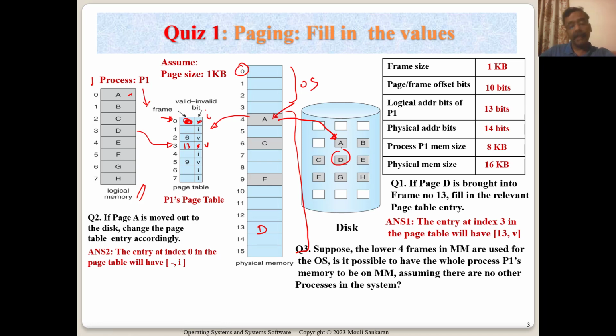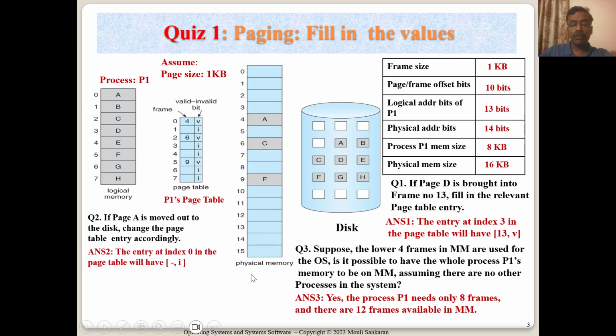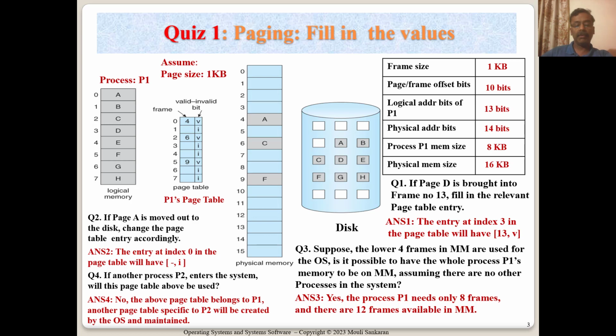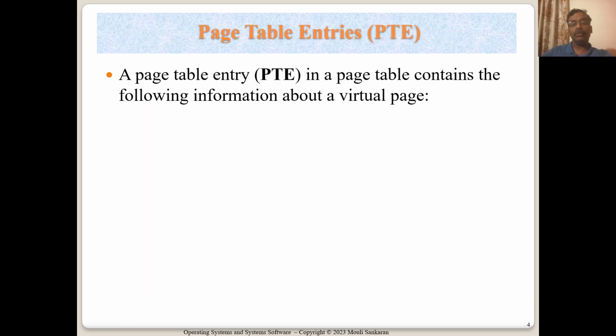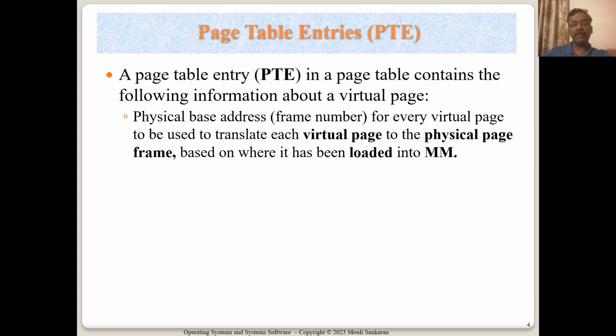Then it is possible for P1 to be completely brought into the memory. That's what question 3 is about. And if another process P2 enters the system, will this page table above be used? It is not. I just now said that each process has its own page table.